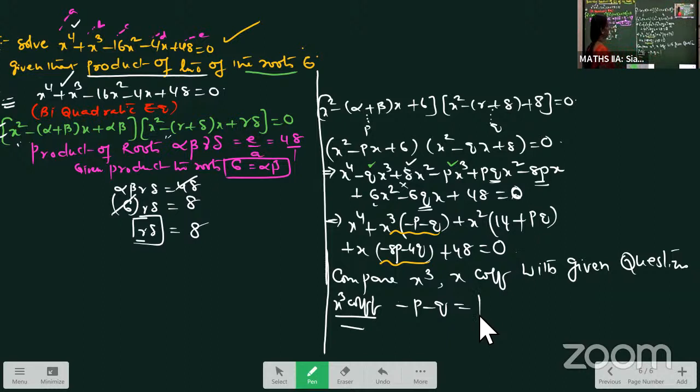Next, coming to the x coefficient. What is the x coefficient here? Minus 8p minus 8q, sorry, 4q, is equal to... what is the x coefficient on the other side?